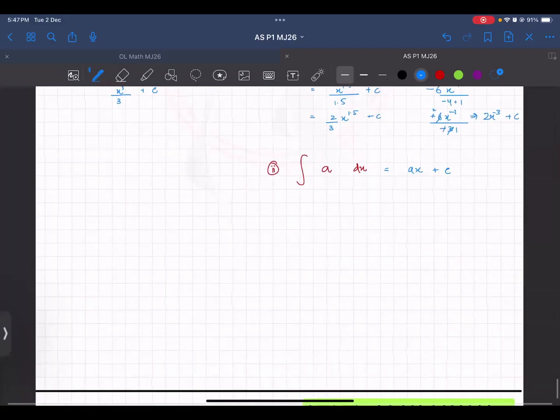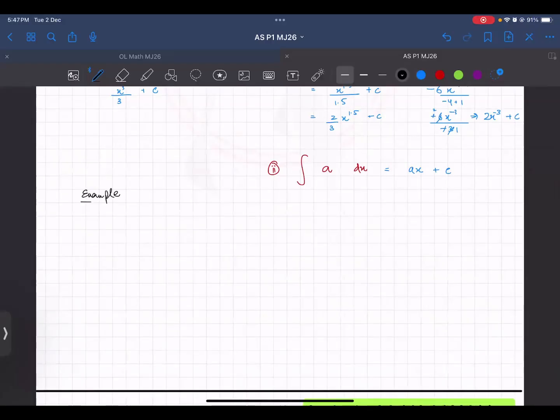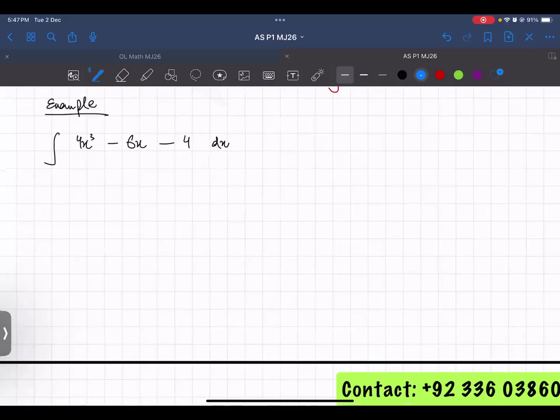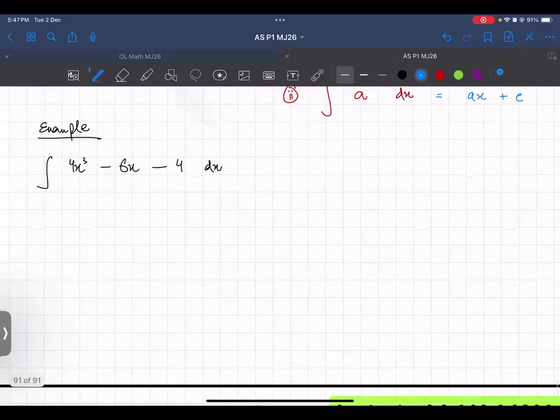So let's suppose now, for example, you have the integral of 4x cube minus 6x minus 4 dx. So this would become, 4 is the coefficient, 4 would remain as it is. x power 3 plus 1 would become 4, divided by the new power 4.